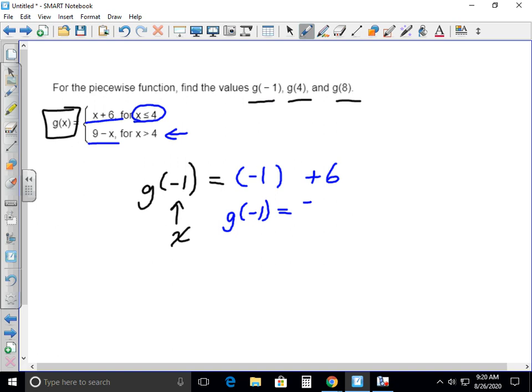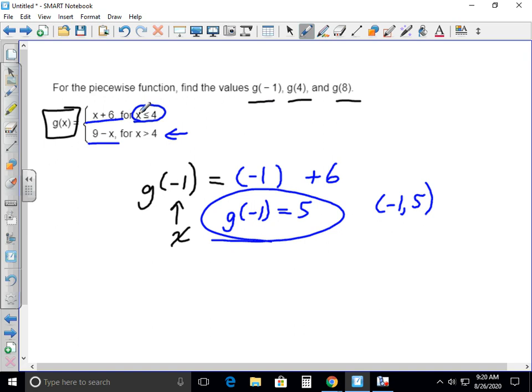So -1 plus 6 is 5. So when x is -1, our y value is 5. Notice we did not plug -1 into both formulas, only the one where our x fit. Our x is in the interval that's less than 4.